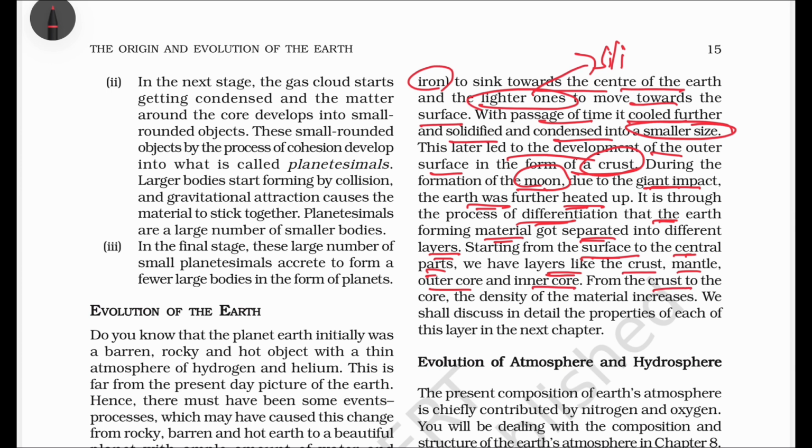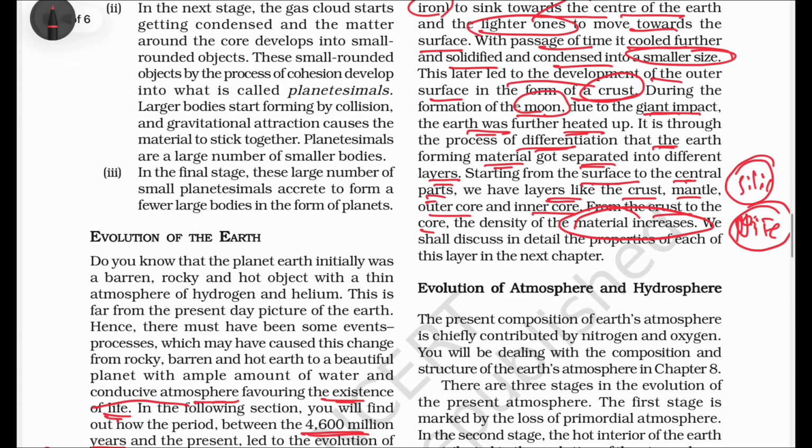From the crust to the core, the density of the material increases because, through the process of differentiation itself, the silicates are in the upper layers because of less density, and the nickel and iron, which have more density, settled in the core. Because of that, the density increases when we travel towards the core region of the earth. We shall discuss these properties of the earth in detail in the next chapter.